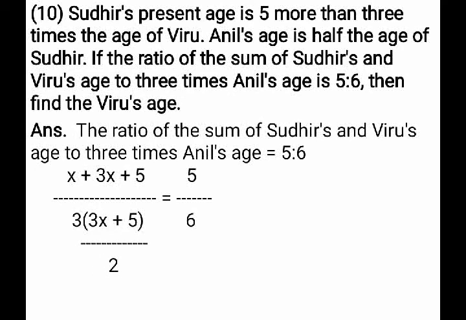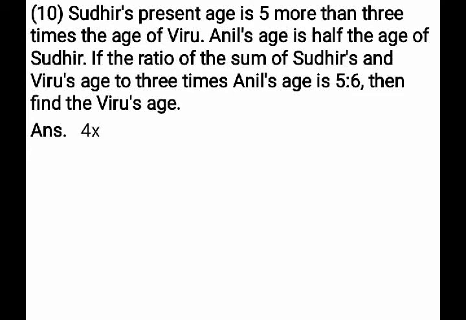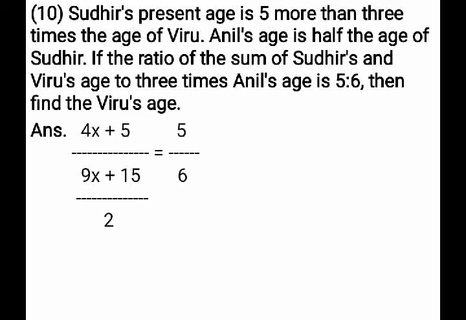On denominator 3 into (3x + 5), that is 3 3s are 9x plus 3 5s are 15, that is (9x + 15) upon 2 is equal to, on right side ratio 5/6, that you have to write as it is. So next step will come (4x + 5) upon (9x + 15) upon 2 is equal to 5/6.